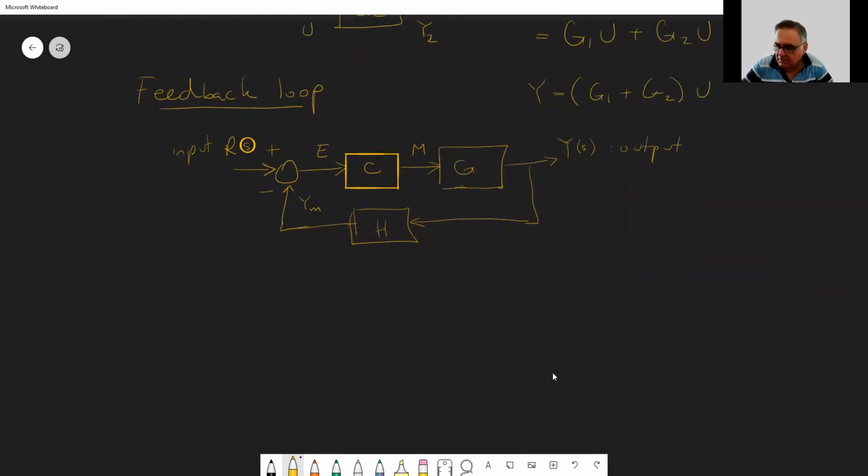As you see, Y is equal to G times M. Okay? But M is equal to C times E. But then E is, as you know, R minus YM.